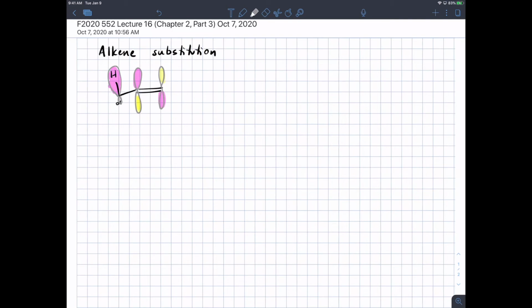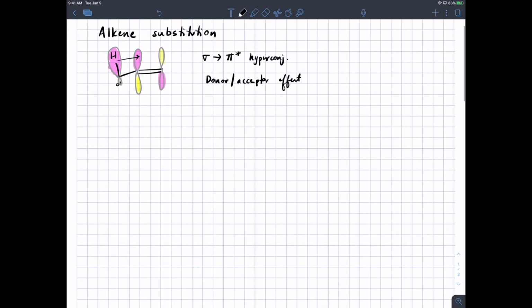It would also delocalize the LUMO and move it higher in energy. So we've called that before sigma to pi star hyperconjugation. And it is an example of what your book calls a donor acceptor effect. And this is a filled orbital overlapping with an empty orbital in the same molecule.